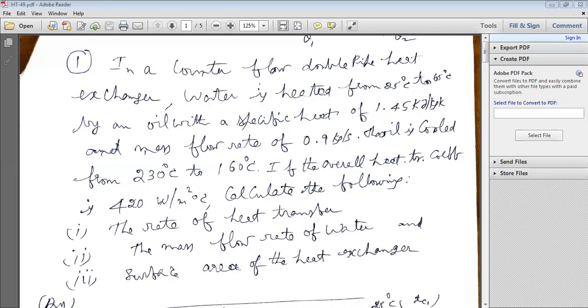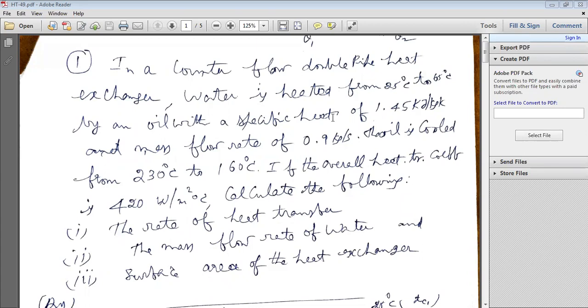Now we'll discuss counter flow. We'll solve some more problems on the heat exchanger, and we'll complete the heat exchanger part.